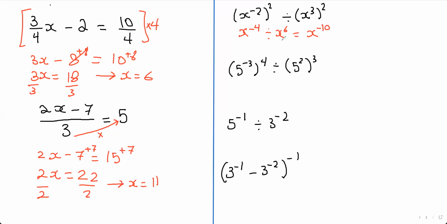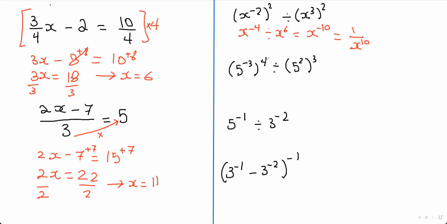And when you get x to the negative 10, what you need to do is make this 1 over x to the power of 10, because we want to express the exponent as positive rather than negative.